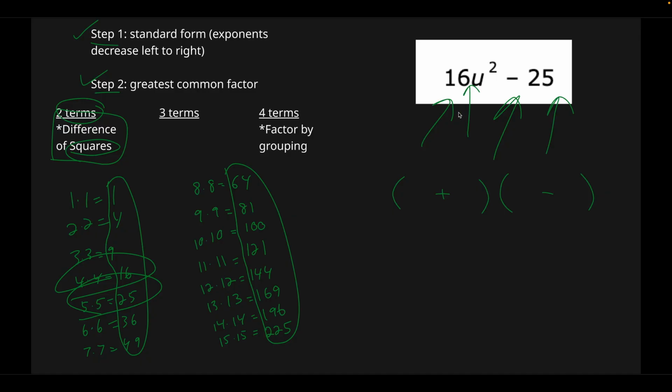And you take the square root of each one. So the square root of 16u squared is 4u. And the square root of 25 is 5. And that's what goes in each of these parentheses.